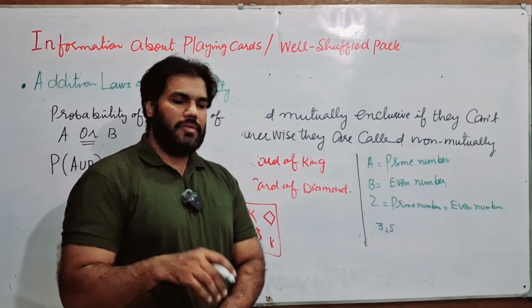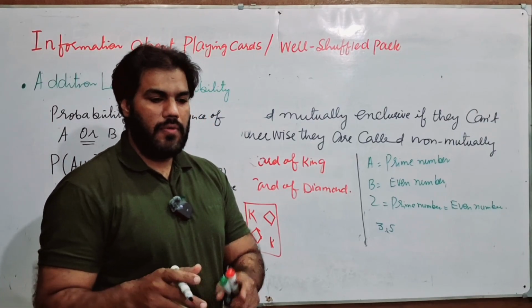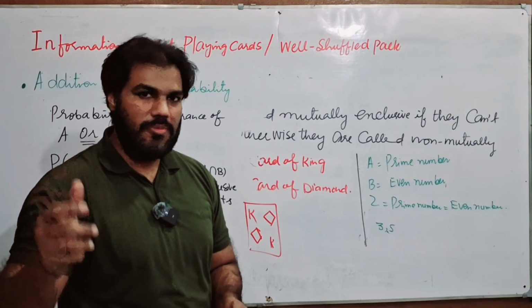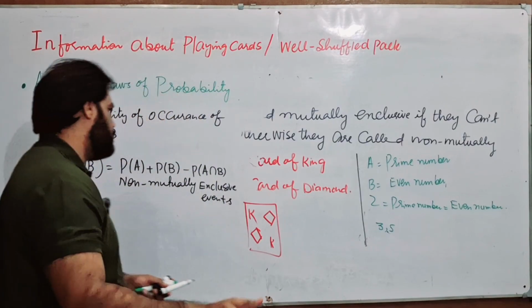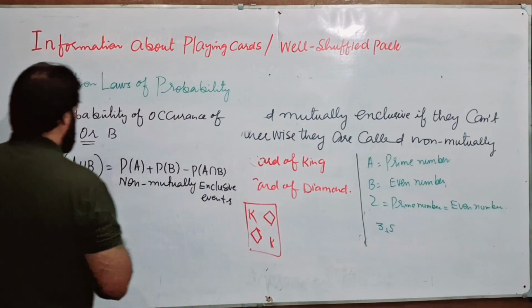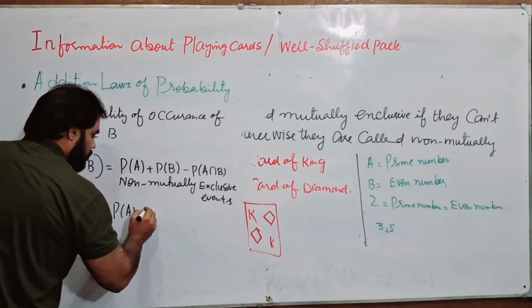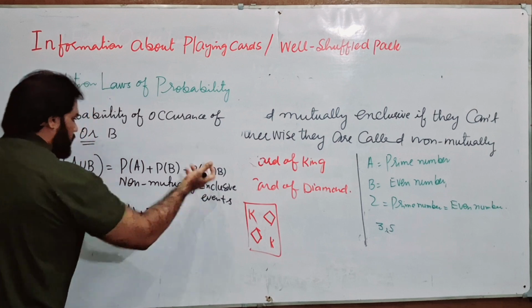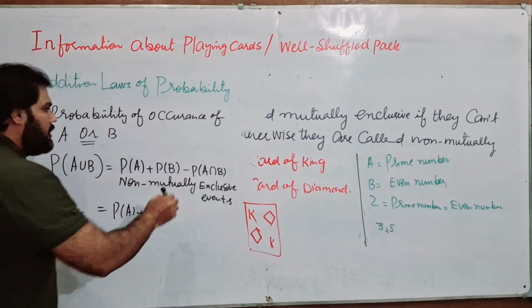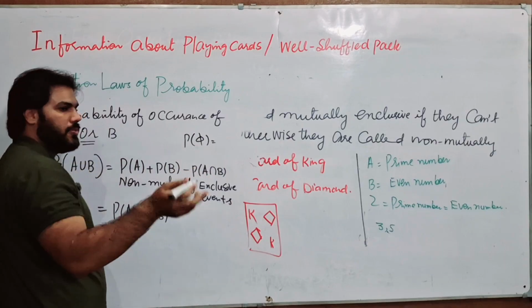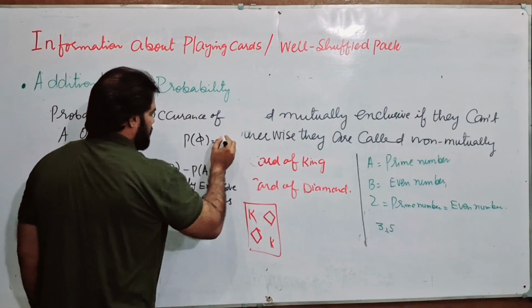You have to simply see whether A and B have some common properties, some common elements, then you will always use this formula. And in case A and B have no common elements, it means their intersection is empty. In this case, this is the property of probability: the probability of the empty set is always 0.